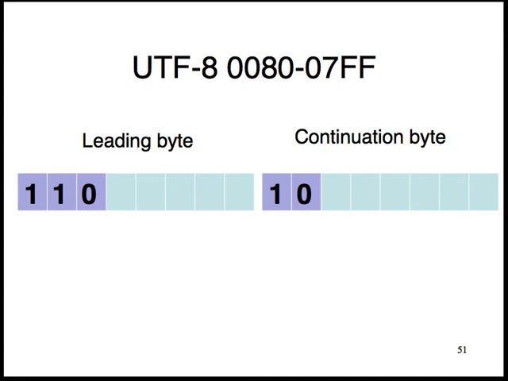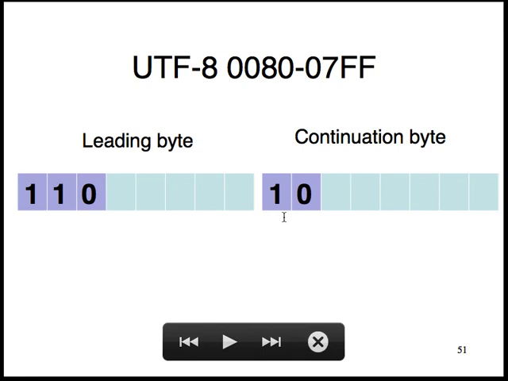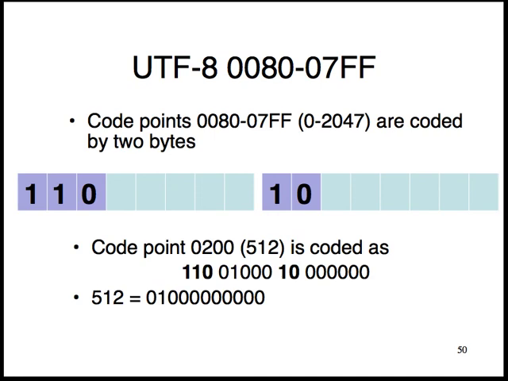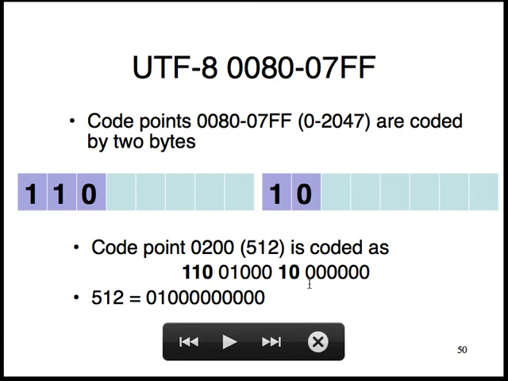And so if you get a byte coming in and it starts with 1, 1, 0, well then you know it's the first of 2 bytes. And when the second byte comes in, it's always going to start with 1, 0. You know, okay, this is the continuation byte. The actual data then is spread across the 5 and 6 available bits that are left over.